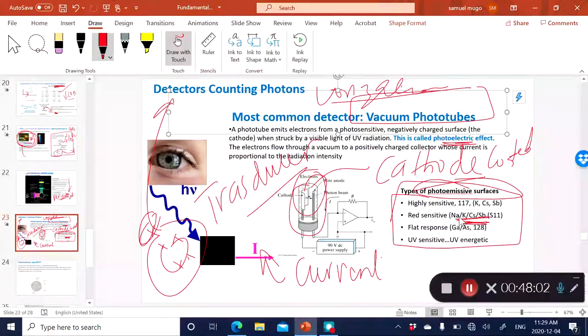The most common detector out there is the vacuum phototube, and I hope I've shown you how it works. Light hits the photoemissive surface, the outer electrons are dislodged, ionization happens, and then you can measure the resulting current. That will be proportional to the amount of light, or the light intensity, that impinged on the photoemissive surface.